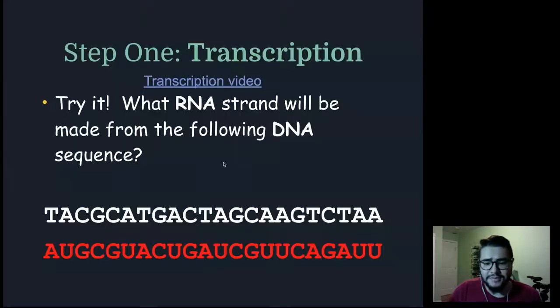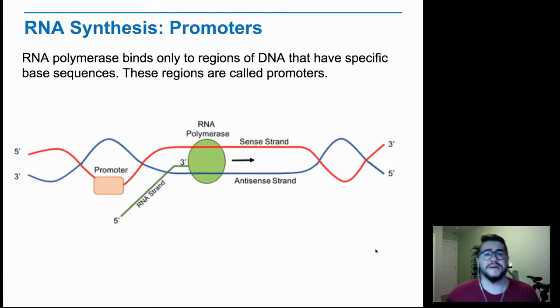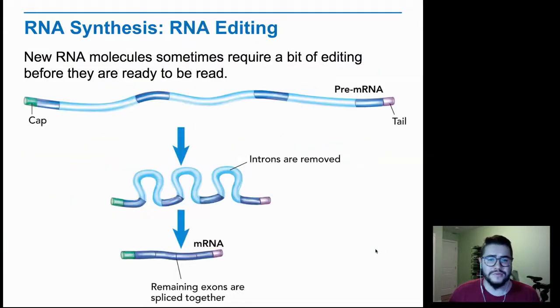So that's how the cell copies DNA to make an mRNA molecule. So we have a long string of mRNA. The next step is that the RNA needs to be edited. This is the unedited version of the RNA, but oftentimes the DNA has built-in sequences that are basically just junk DNA that doesn't code for a specific gene.